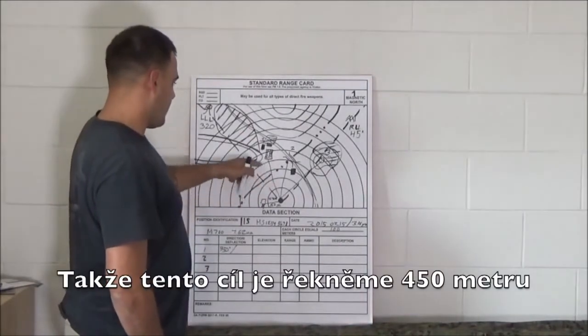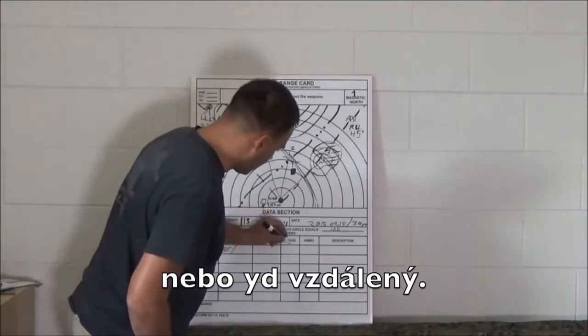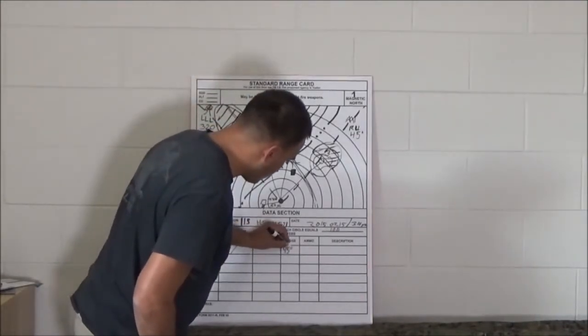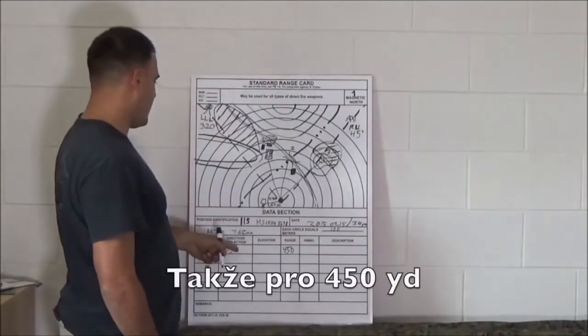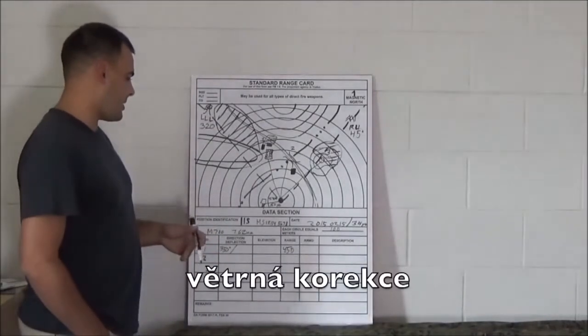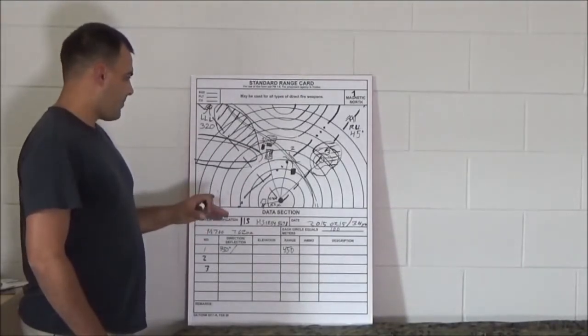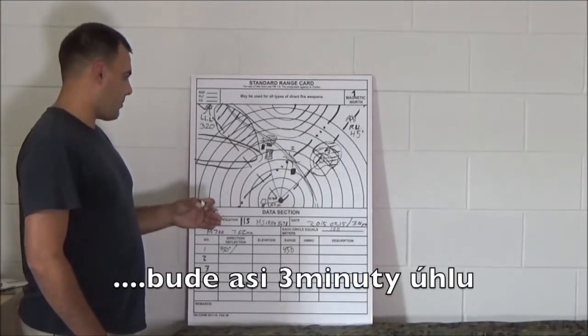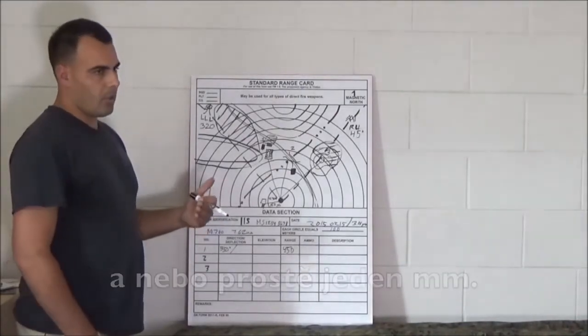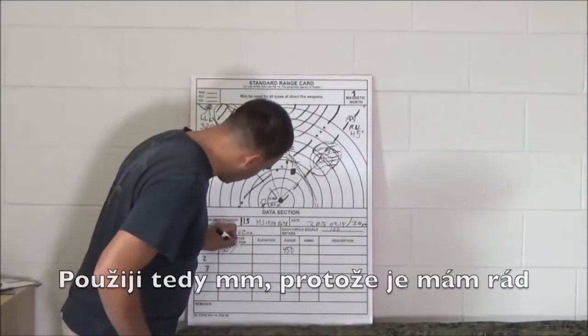So this target, we'll say, is about 450 meters or yards. Alright, so for 450 yards, my 10-mile-an-hour wind correction is going to be about 3 minutes of angle, or about 1 mil. So I'm going to go with mils since I like to use mils.